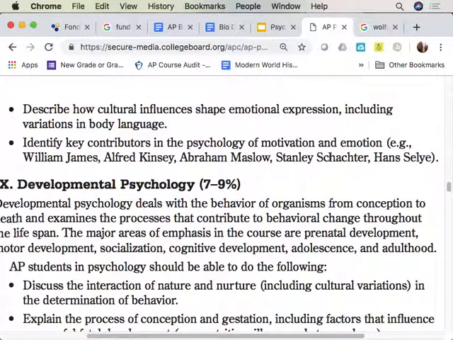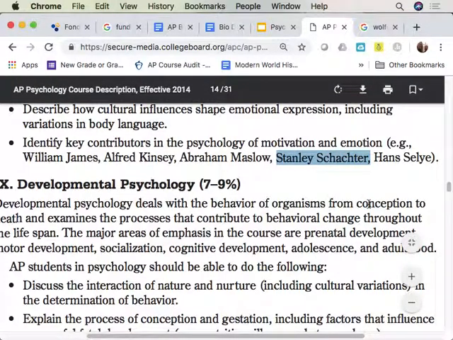The other person here that has to do with emotions is Stanley Schachter. He created the two-factor theory, and the two factors are the physiological arousal and the cognitive label. There's a lot of different things that can influence this.